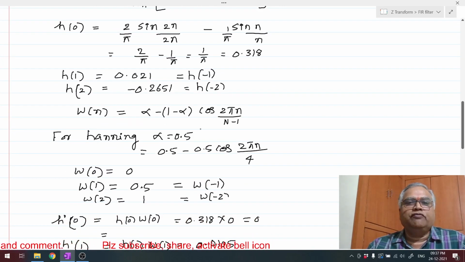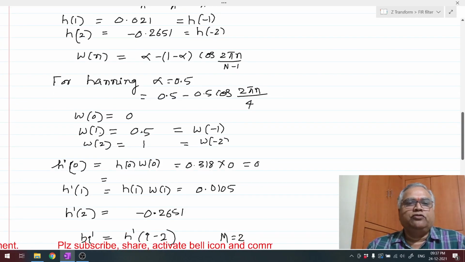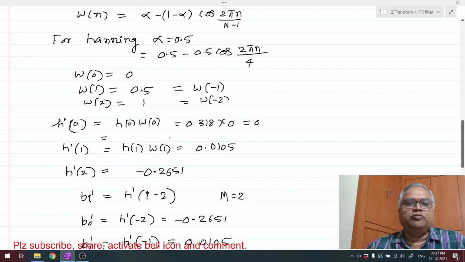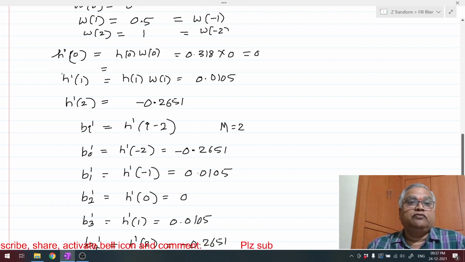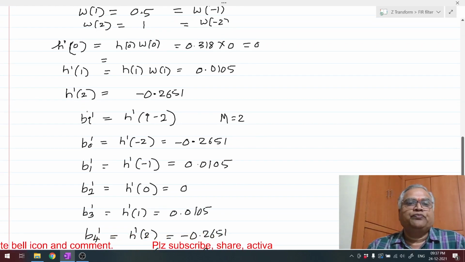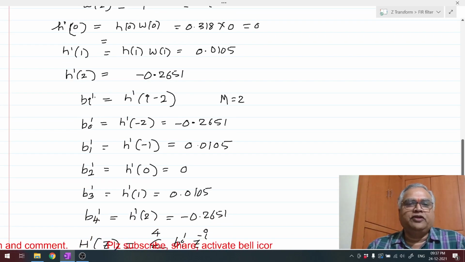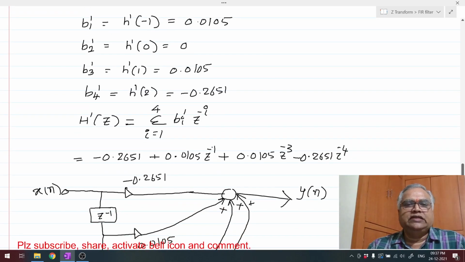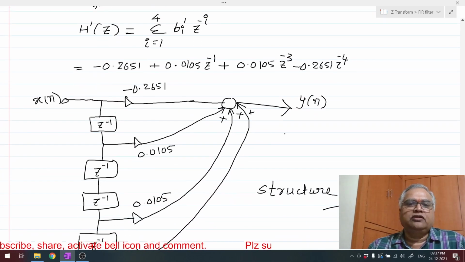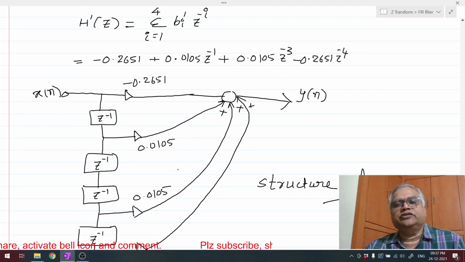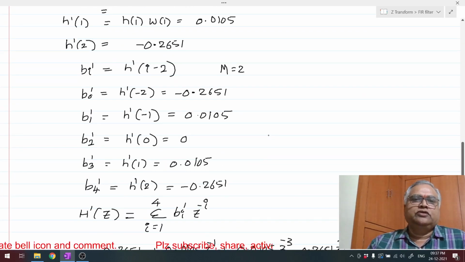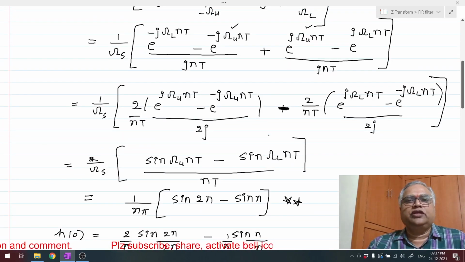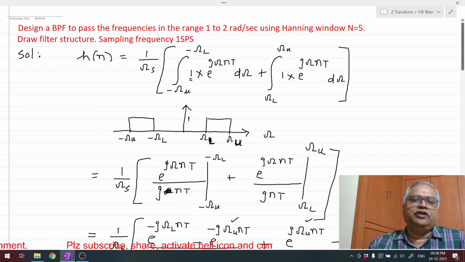Hanning window, take alpha 0.5. Find out window coefficients, multiply one to one. You will find out h prime 0, h prime 1, h prime 2. From this b prime you find out, then h prime z, get the polynomial for this step. This is the solution. So all these things you have to do fast within 15 minutes.